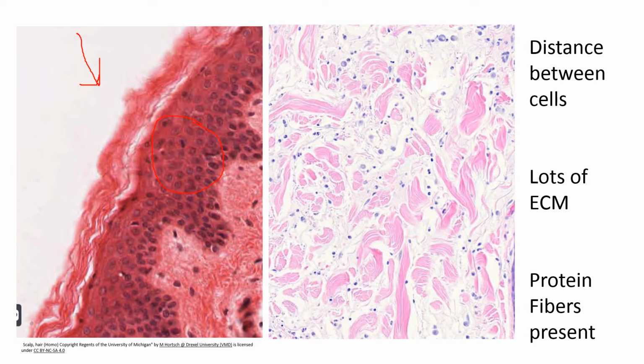Notice how close the nuclei for these cells are to each other compared to this side, which is another connective tissue. All the little dark blue points that you see, these are the nuclei of cells. So you can see there's still more distance between the cells on the right picture versus the left picture. So again, that's a major difference between epithelial tissues and connective tissues.